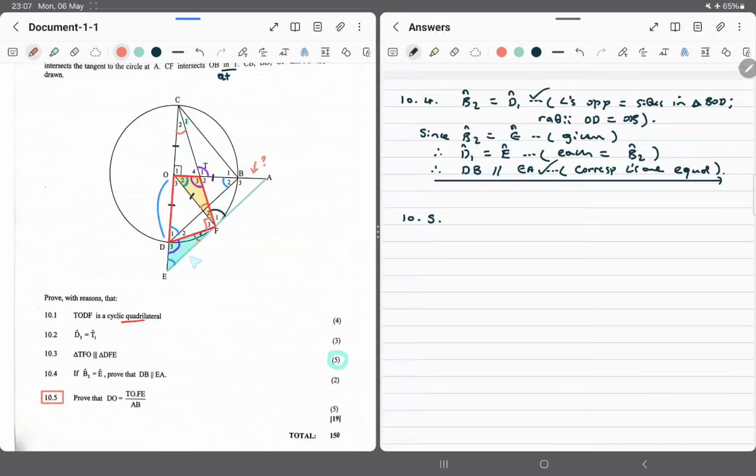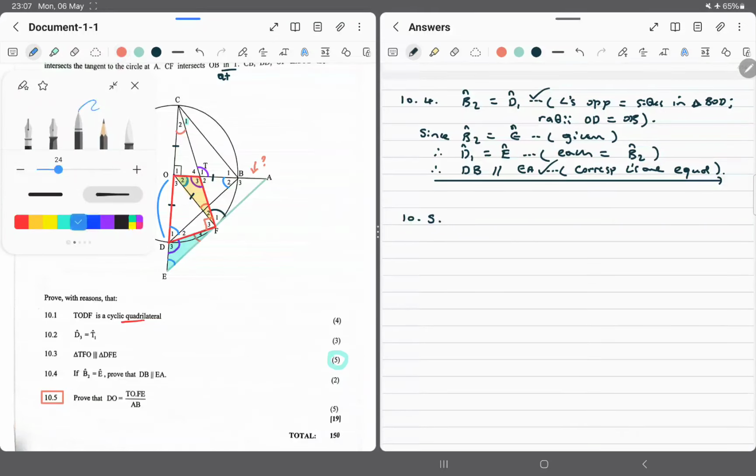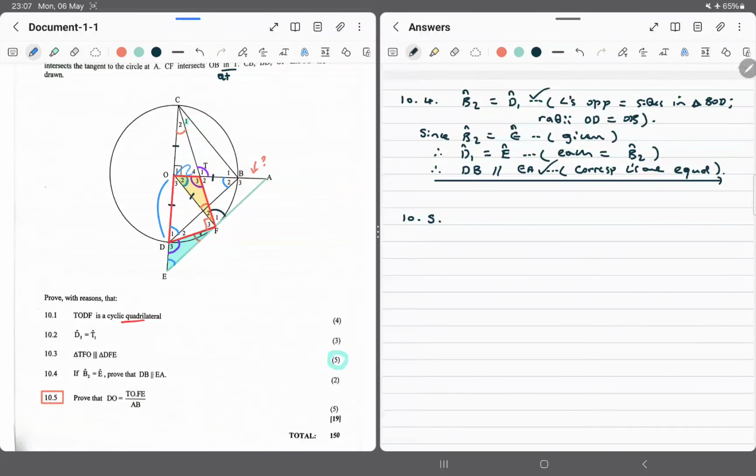But if we look at these lines we just proved parallel, they create for us a triangle AOE with DB drawn parallel to EA. So that means the proportionality theorem. Okay. So we can look at that triangle, essentially. So let's look at that triangle. Let's highlight it blue.